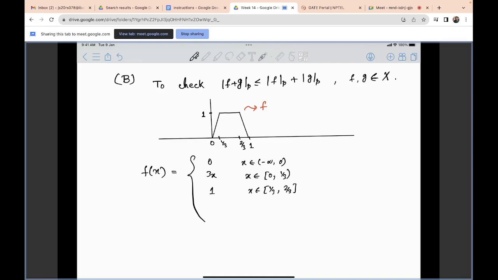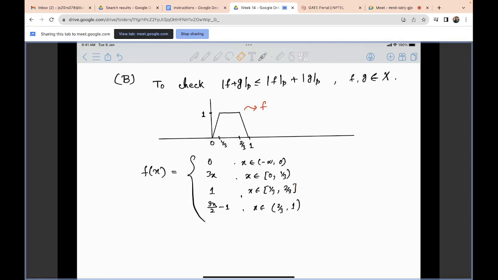Then again it is a linear function: at 2/3 it's 1, and at 1 it's 0, so it will be 3 minus 3x, for x belonging to 2/3 to 1.